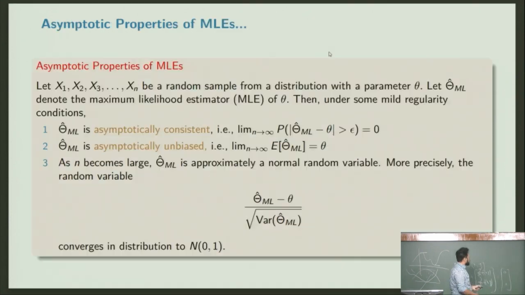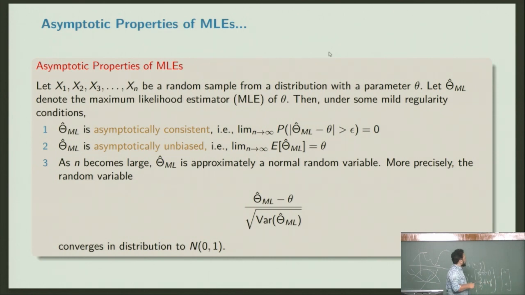So this was the important one. Some additional results: as you take more and more samples, what can you say about these maximum likelihood estimators? Are they good? These results say that yes, they are good.